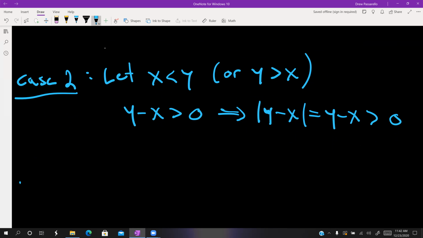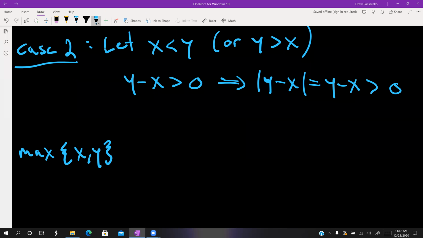So here, again, I'll start with the max of x and y. Well, the max of x and y is equal to y. All right, then I add 0. So y is equal to plus x minus x. Again, that's adding 0.